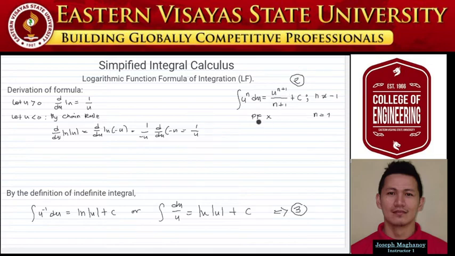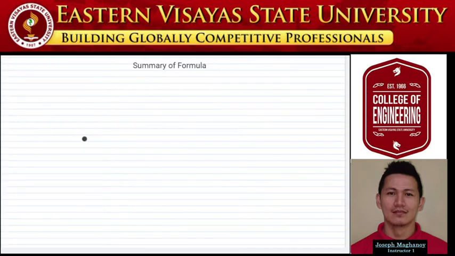Before we proceed to the example number 12 problem, let's recall and summarize the formulas we have taken. As a summary, we recall that the integral of a function du is equal to u plus c. This is our first formula by the definition of integral.